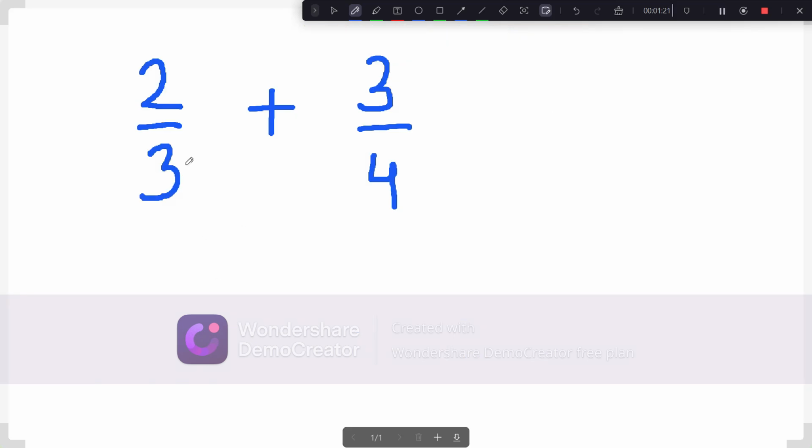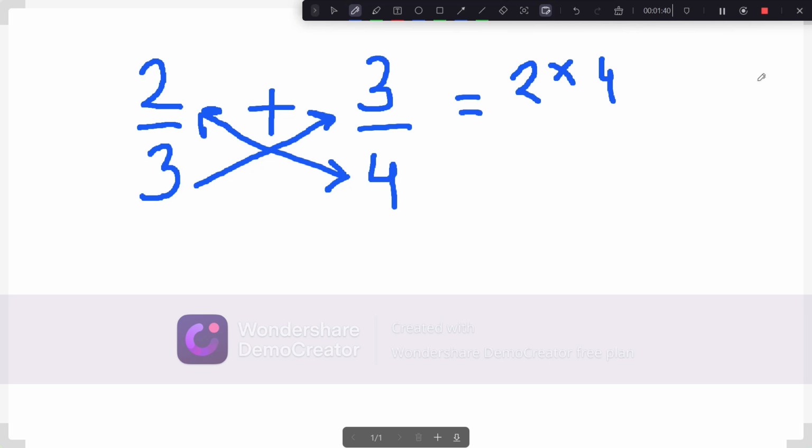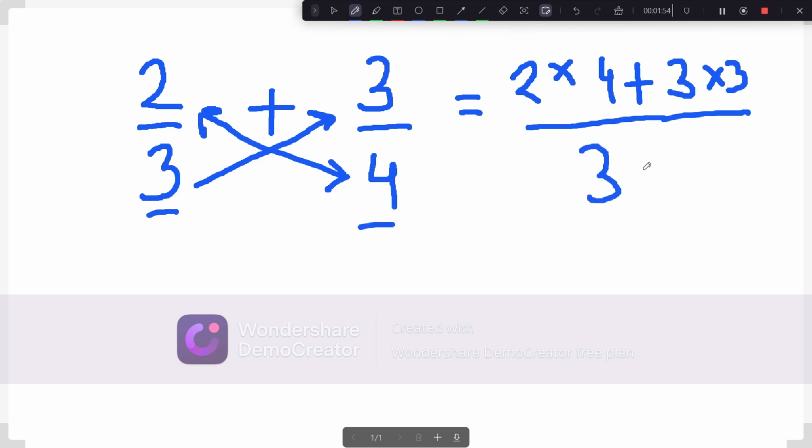You know how to do the sum of 2 by 3 plus 3 by 4. We use cross multiplication: 2 into 4 plus 3 into 3, divided by the multiplication of the denominators, 3 into 4.